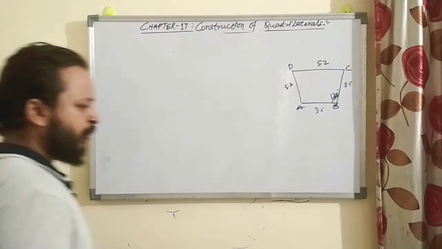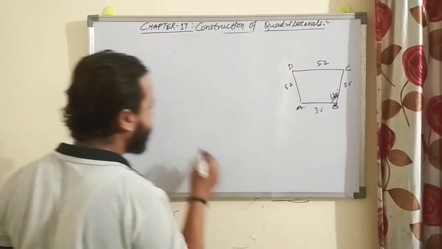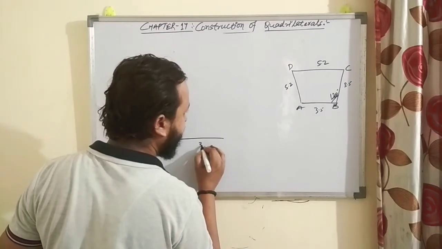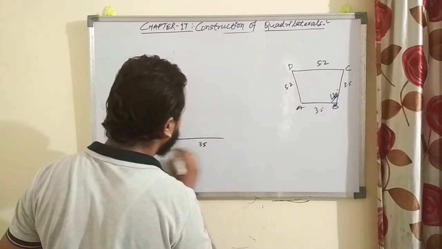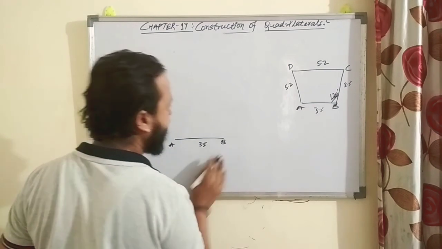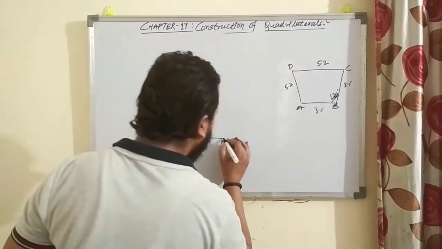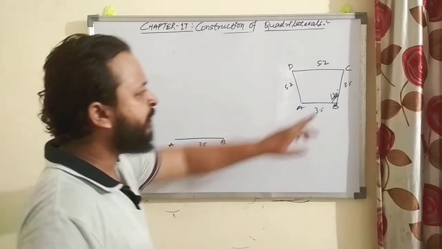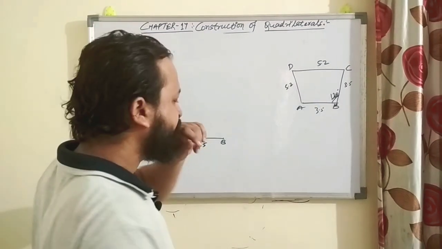So for this, what you have to do, just draw a line which is 3.5 centimeter long. Name it as AB, right? Take point B and construct the angle using the compass.